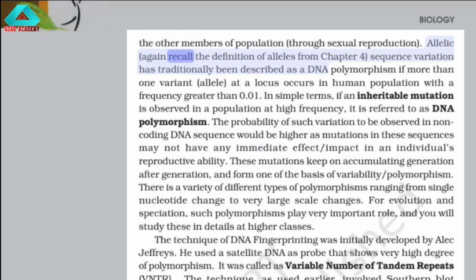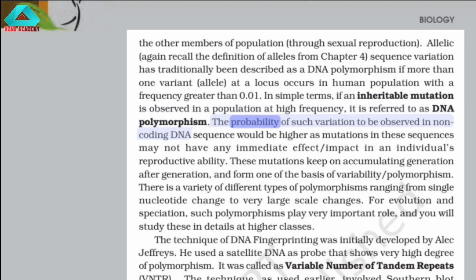Allelic sequence variation (again recall the definition of alleles from Chapter 4) has traditionally been described as a DNA polymorphism if more than one variant allele at a locus occurs in the human population with a frequency greater than 0.01. In simple terms, if an inheritable mutation is observed in a population at high frequency, it is referred to as DNA polymorphism.